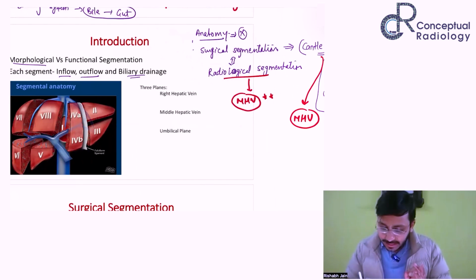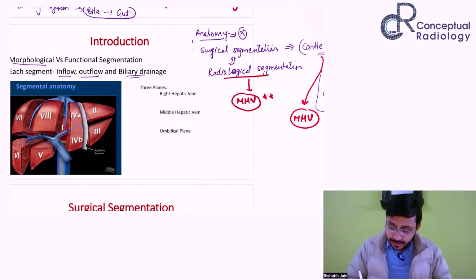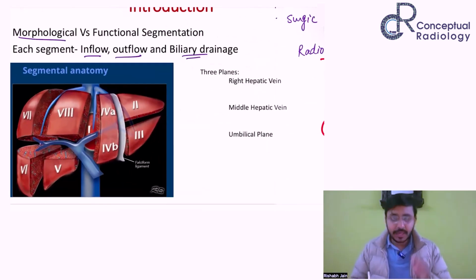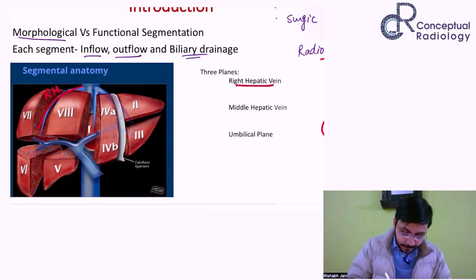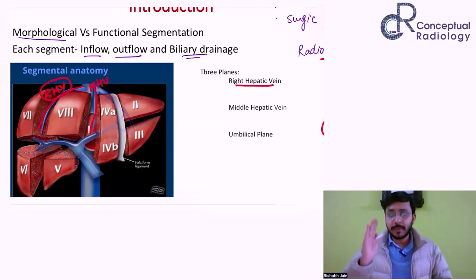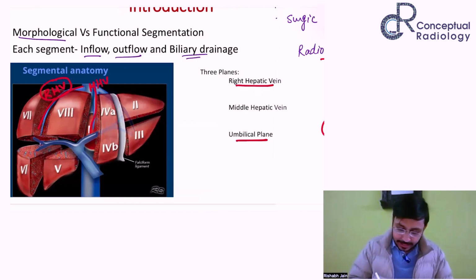Through this MHV, we divide the liver into the right and the left lobe. As you can see in this segmentation, there are three planes. One plane is through the right hepatic vein. The second is through the middle hepatic vein, MHV. And the third plane is through the umbilical plane, that is the falciform ligament.